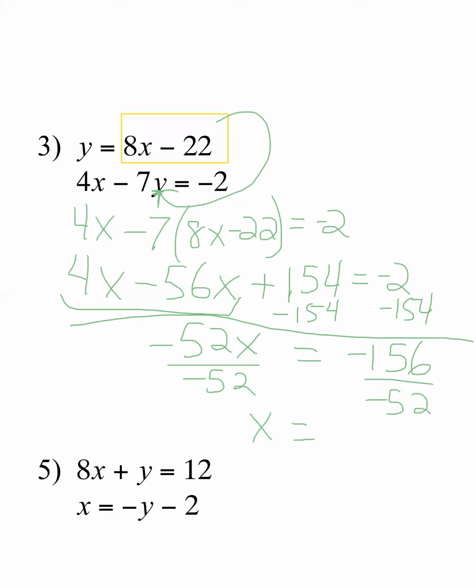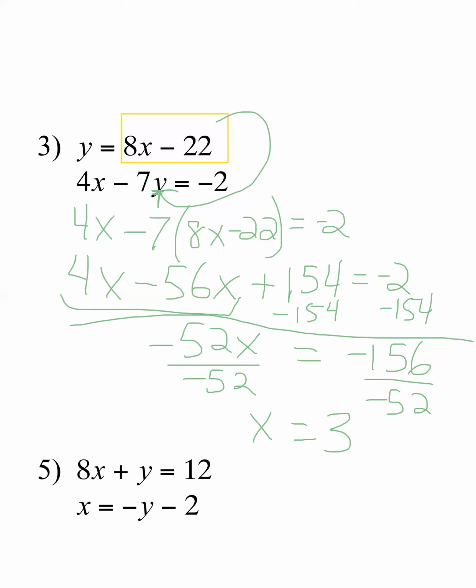And that, believe it or not, comes out to be a positive 3. I will give you a hint that on this worksheet, all of your answers come out nice. So there's nothing that comes out as a decimal or a fraction. If you are getting a decimal or fraction, go back and try it again. You might have missed a negative somewhere or multiplied wrong. So just be cautious of that.